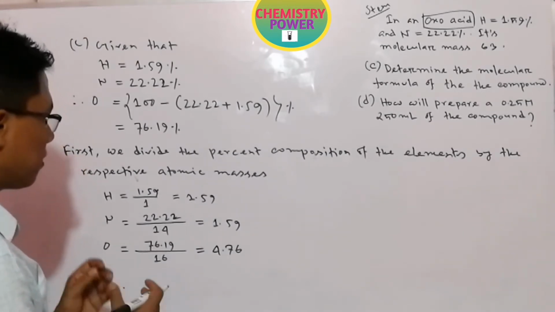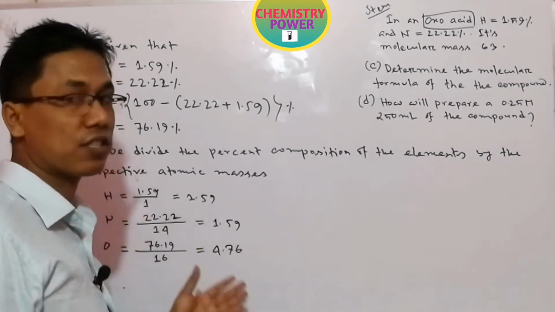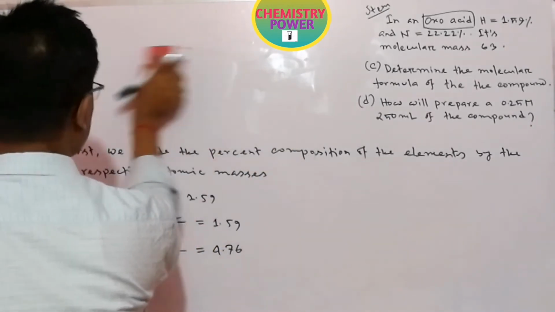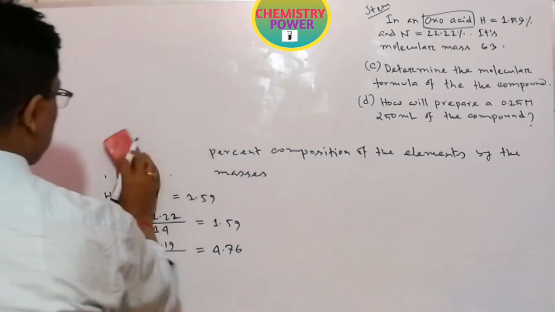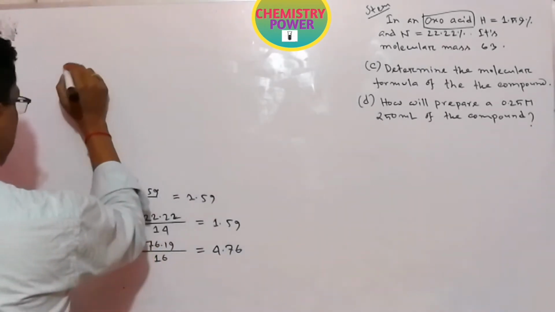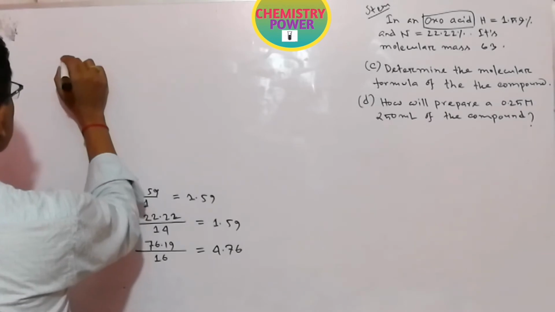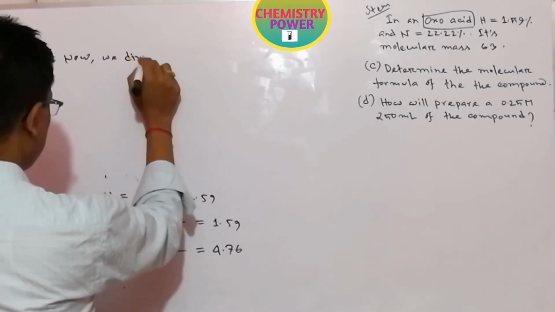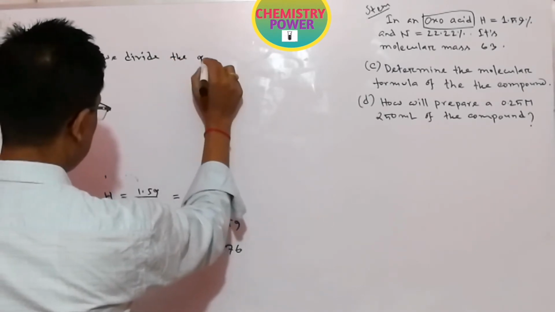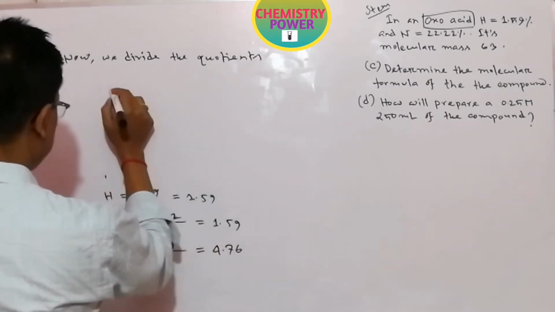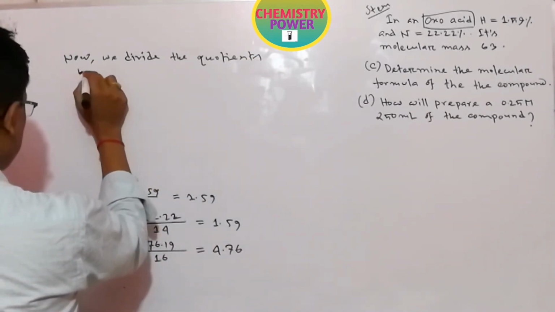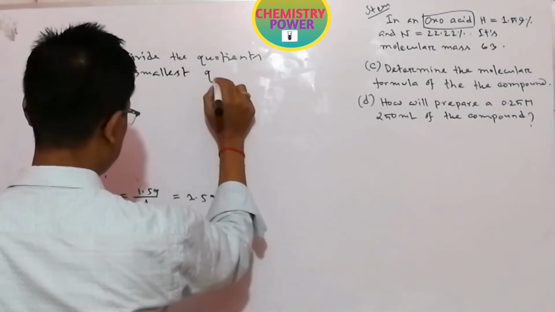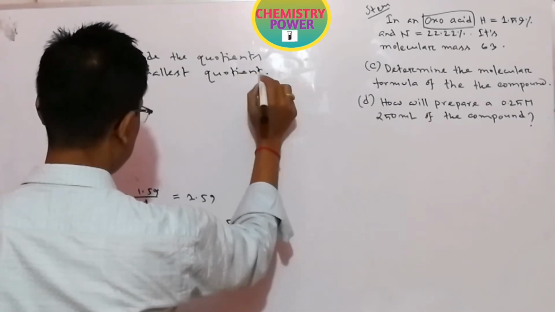So we have to divide the quotients by the smallest quotient.